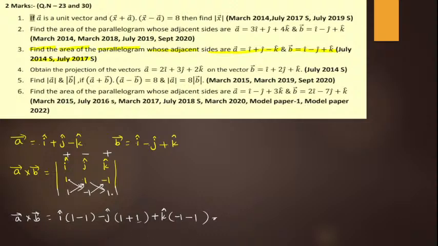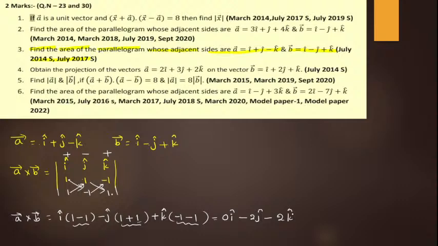So ultimately I will get 1 minus 1 is 0, 0 times i cap is 0. Again 1 plus 1 is 2, minus of 2j cap, again minus 1 minus 1 is minus 2, plus into minus is minus, it is minus 2 k cap.